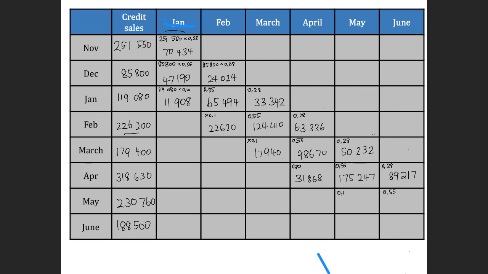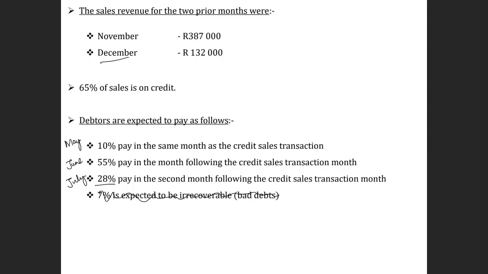So this would be 23,076 in May and 126,918 in June.